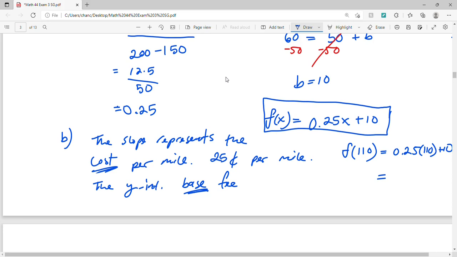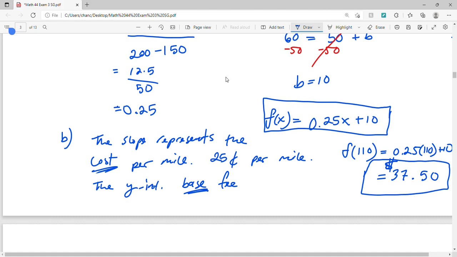And that gives us $37.50. So make sure you write your answer in dollars. So this is $37.50 that it will cost us to drive 110 miles.